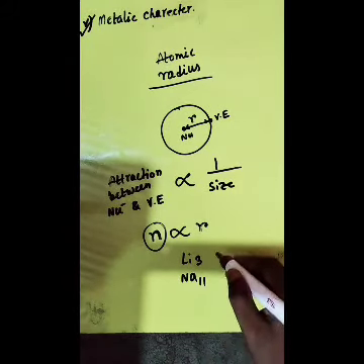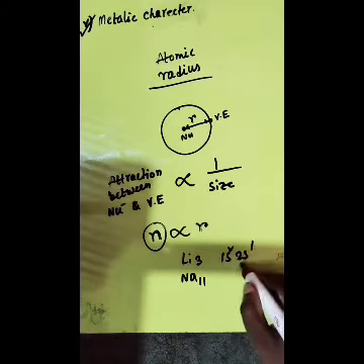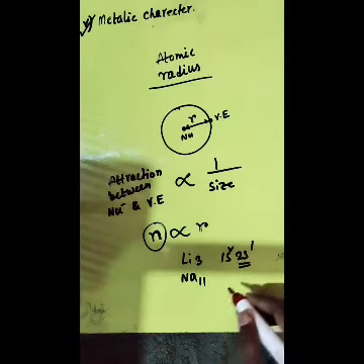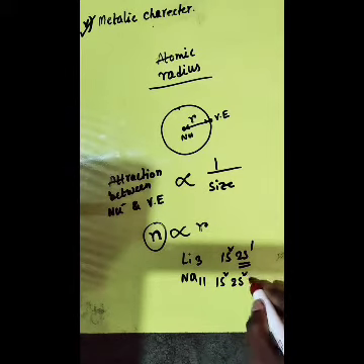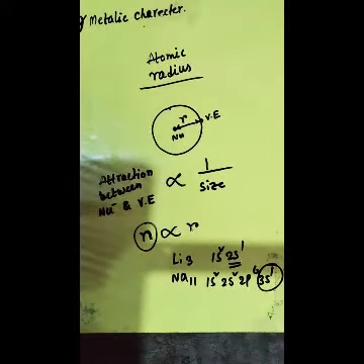The electronic configuration of lithium is 1s2 2s1, so the valence electron is 2s1. Similarly, the electronic configuration of sodium is 1s2 2s2 2p6 3s1, so this 3s1 is the valence orbital or valence electron.